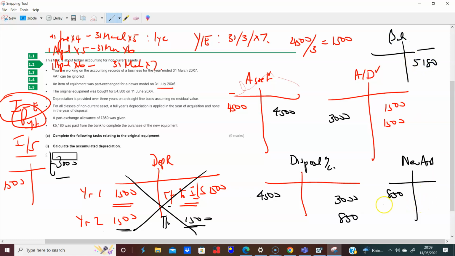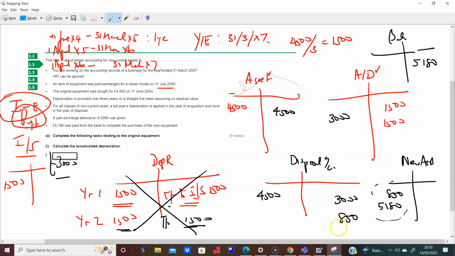Bank 5,180 and 5,180. So the asset must be worth this whole thing. We give them cash, but we also give them our car. But our car is actually worth 1,500, and we've given them our car at 850, which means there is a loss on our car because we haven't given it to them at the value we believe it to be.